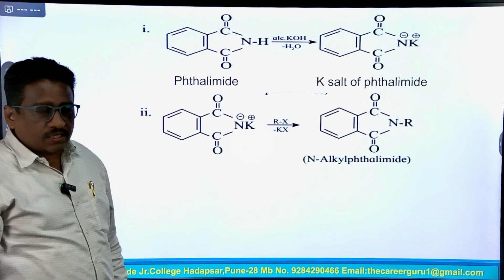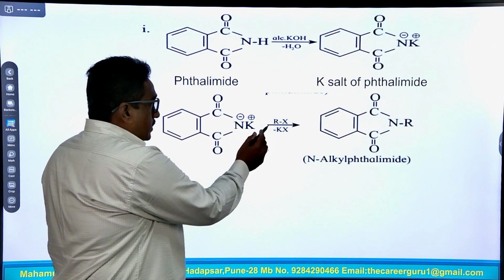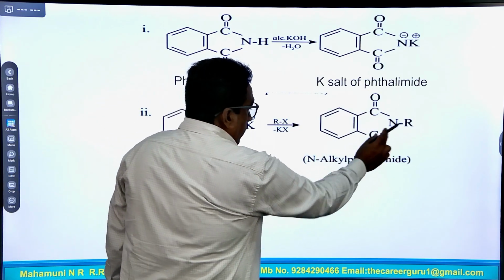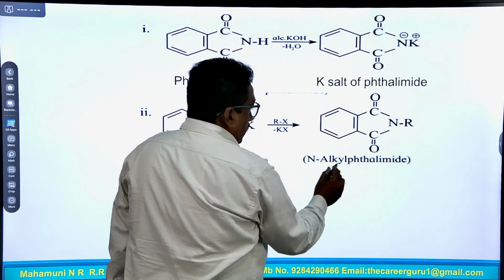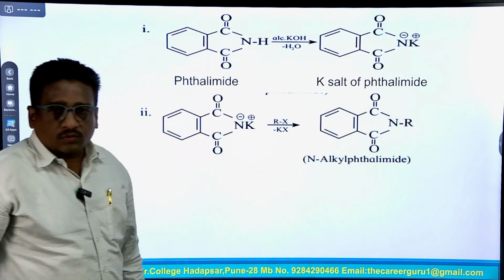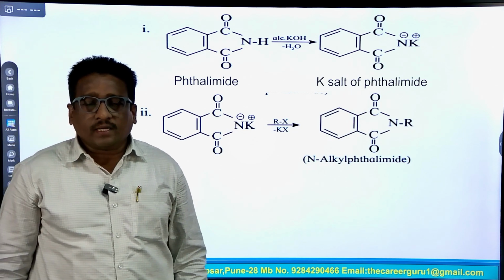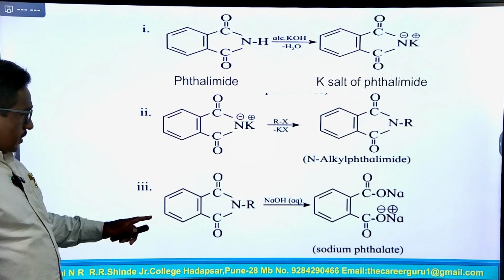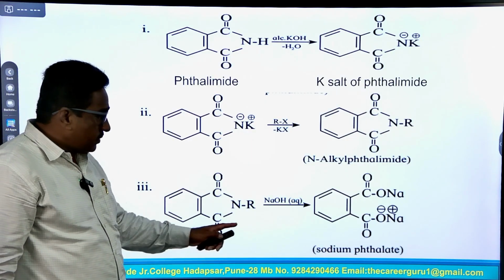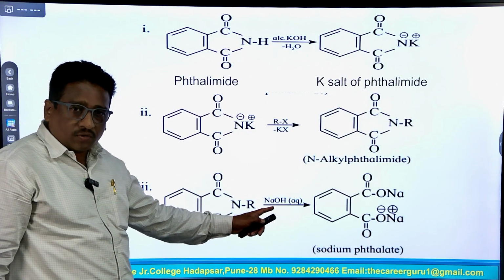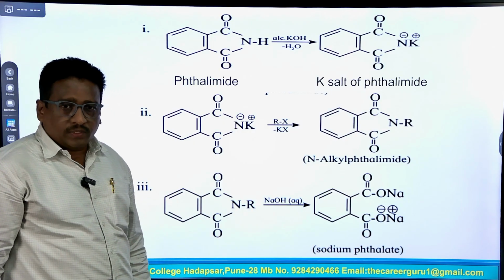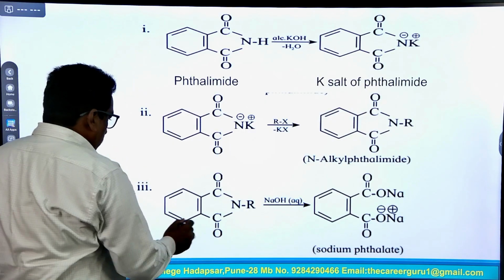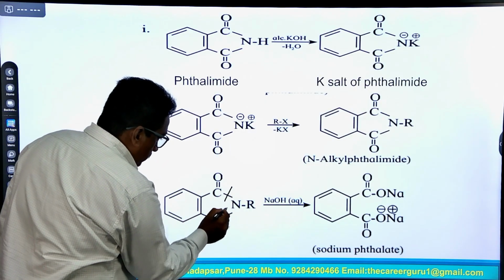In this reaction, the potassium ion is replaced by the alkyl group to form N-alkyl phthalimide. So, step 2 is the formation of N-alkyl phthalimide. And in the third step, the N-alkyl phthalimide undergoes alkaline hydrolysis, meaning addition of NaOH, breaking these two bonds.